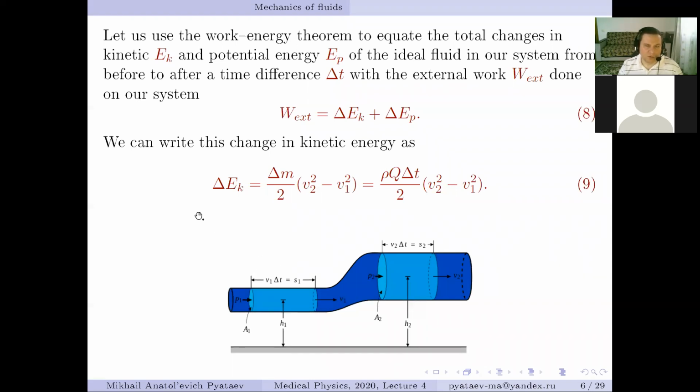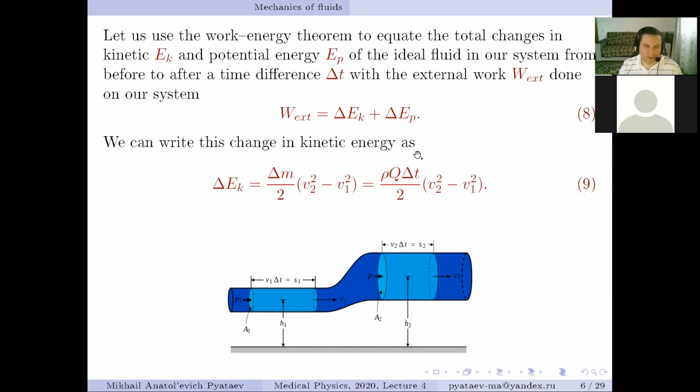But before we do this, let's consider other terms in equation 8. We'll start with the change in kinetic energy. If we consider motion of liquid from this part of tube to that part of tube, then velocity is changed, and change in kinetic energy is found from the velocities v2 and v1. They both should be squared before finding the difference.